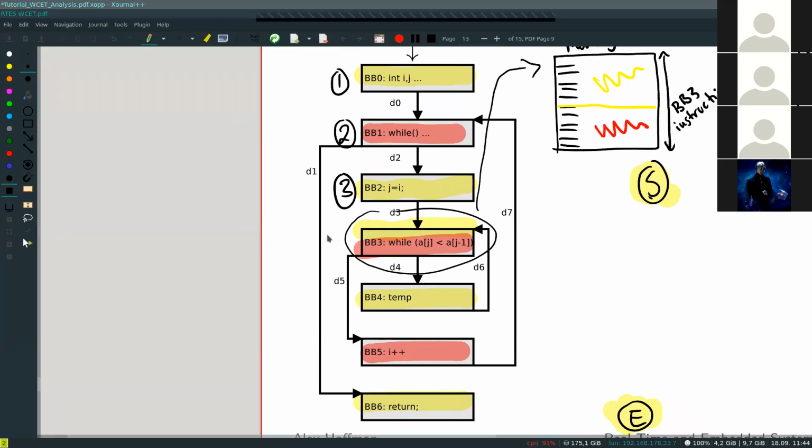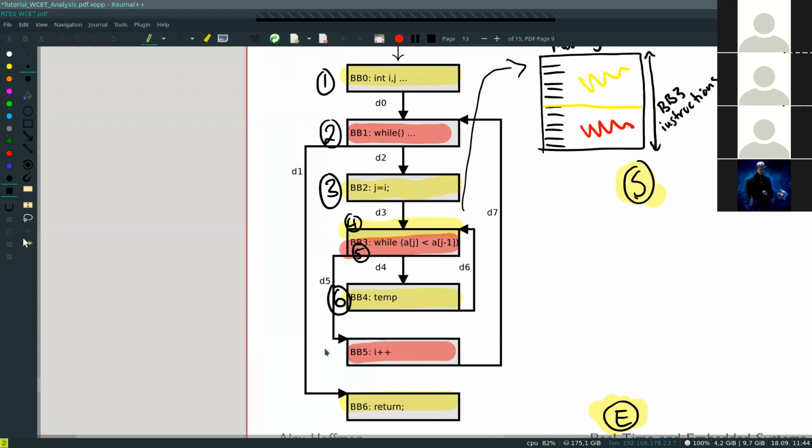Now this one is 4 and 5, because this yellow one is 4, this red one is 5. So I can make it more explicit, and we'll say 4, 5, 6, 7, and 8. So these are our L blocks.